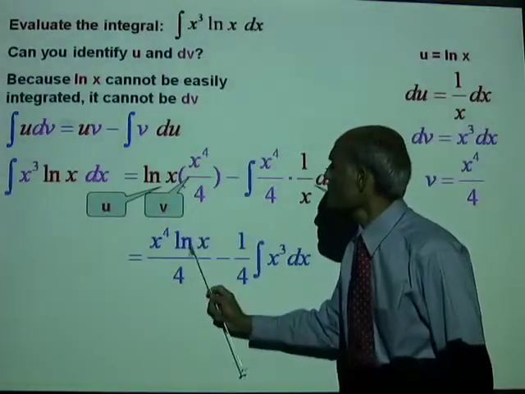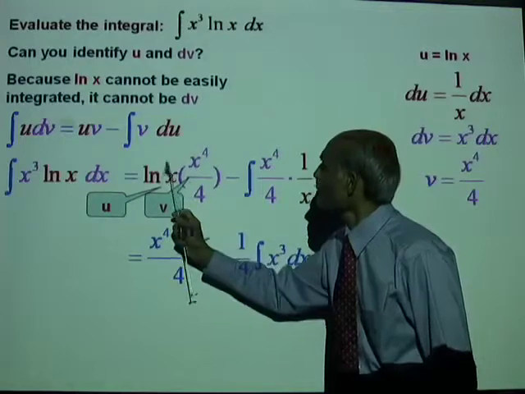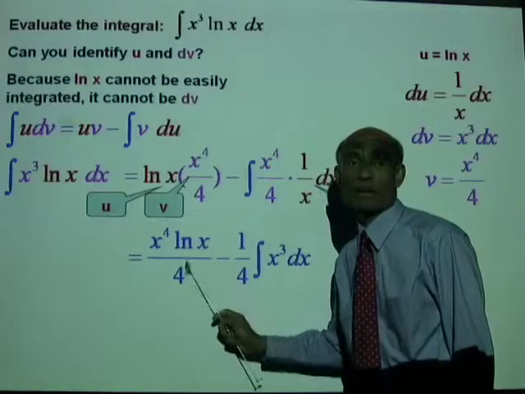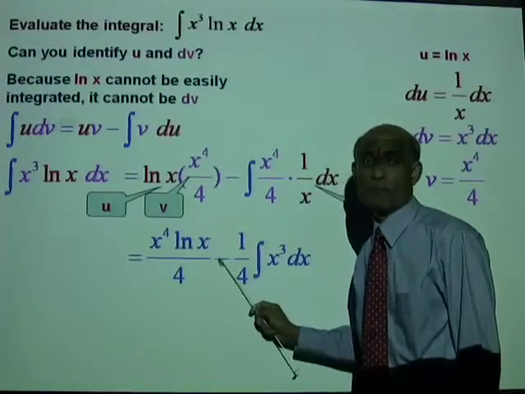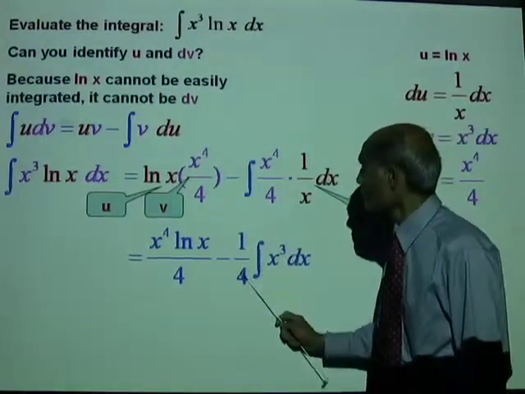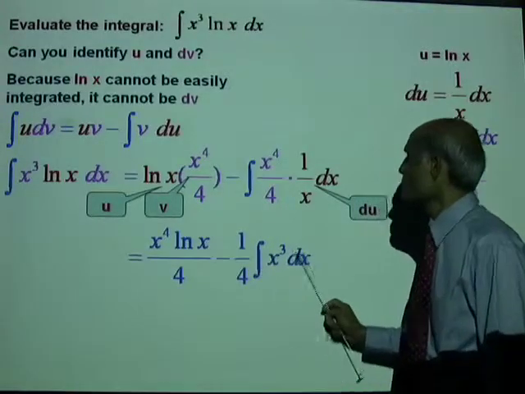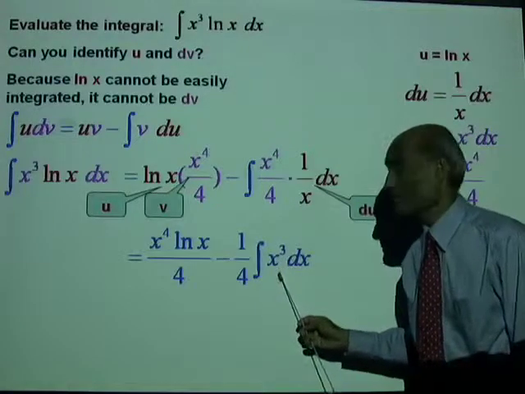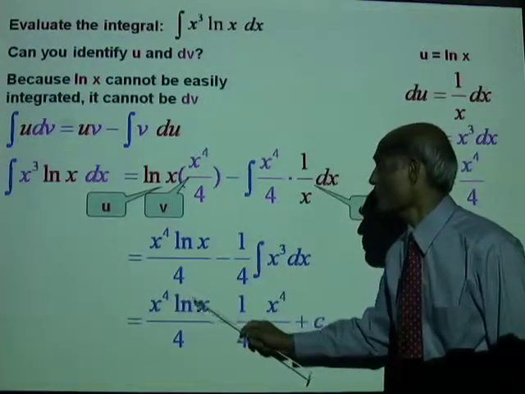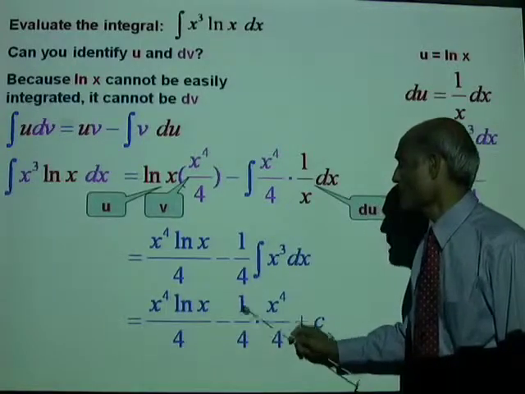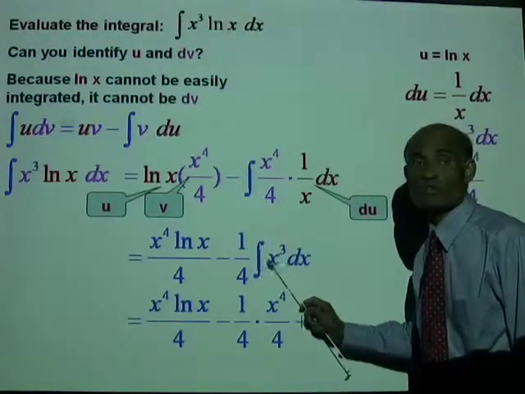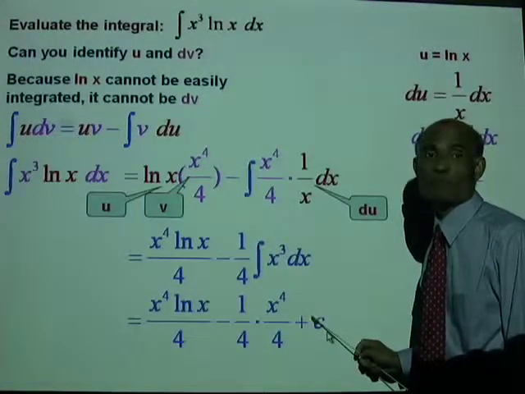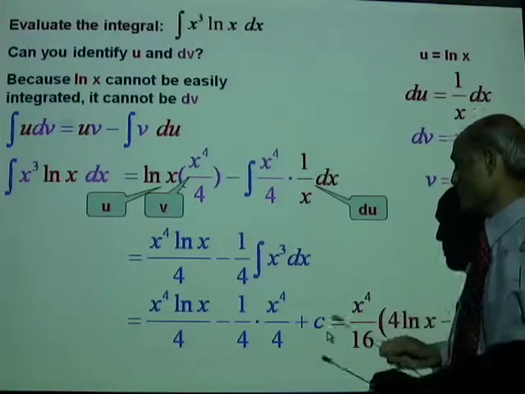So this will be, I'm going to write it as x to the power of 4 ln x divided by 4, that is this term, minus this 1/4 comes out, 1/4 times integral x cubed dx, and this can now be done very easily. So that will be x to the power of 4 ln x over 4 minus 1/4 times the integral of x cubed dx, which is x to the power of 4 over 4, plus c. And now can we simplify this?